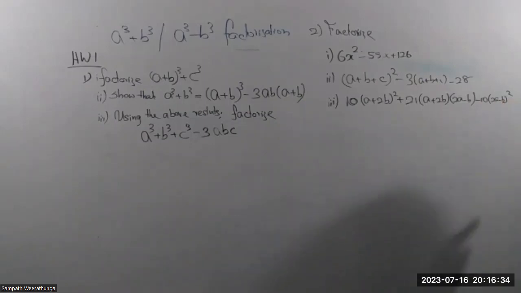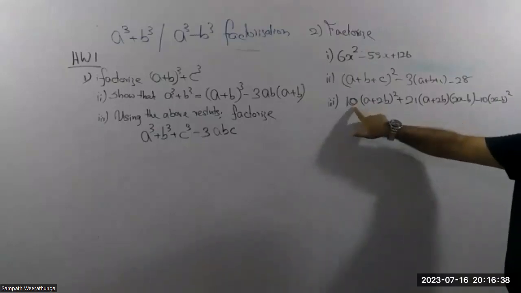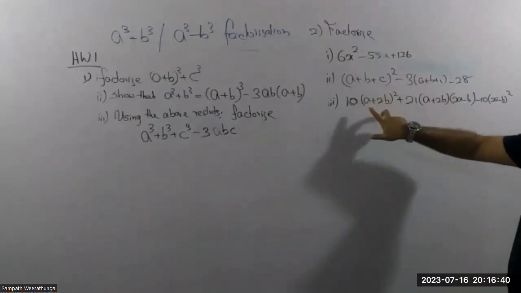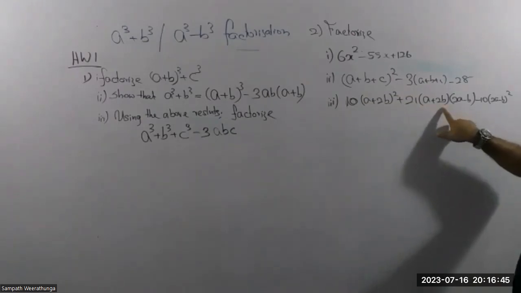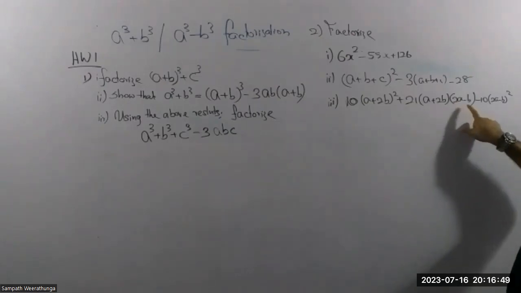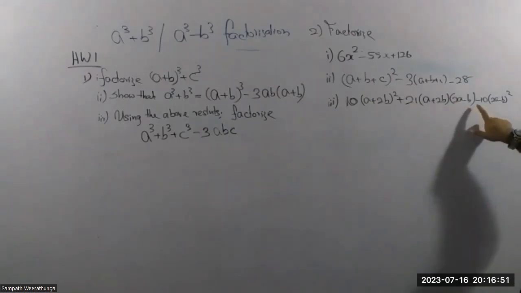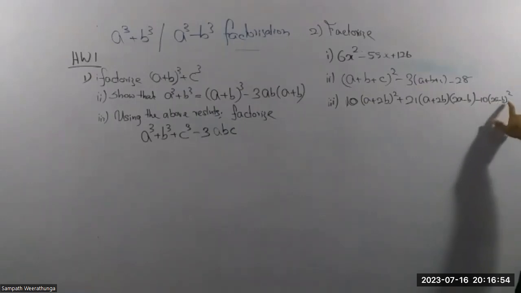Hope you can see this. I'll retake this: 10 times (a plus 2b) whole thing squared, plus 21 times (a plus b), where one term is a plus b and the other term is 2a minus b. Then the next term is minus 10 times (2a minus b) squared. All right.